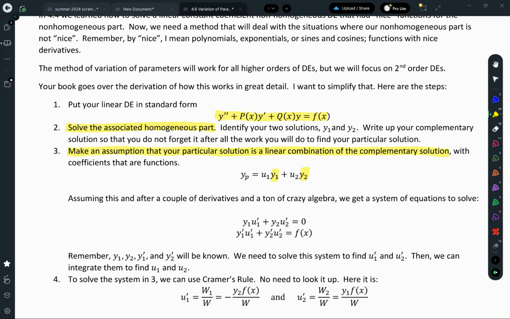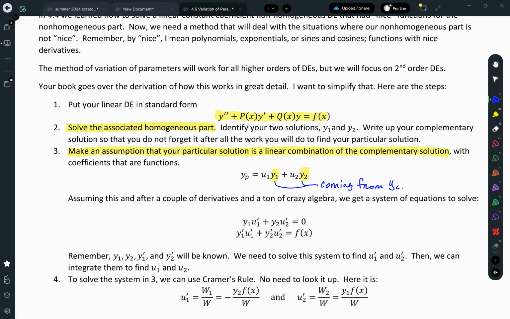The y1 and the y2 that are here for the particular solution are the same y1 and y2 that we solved for. The u1 and the u2 are things that we do not know.